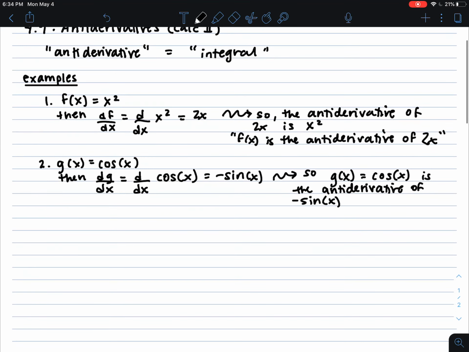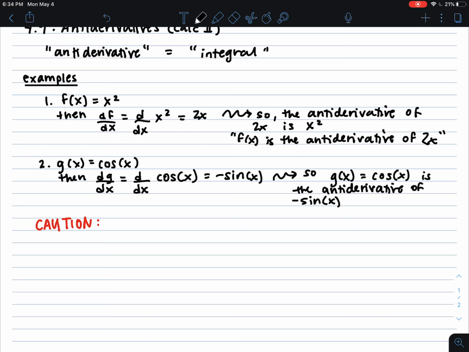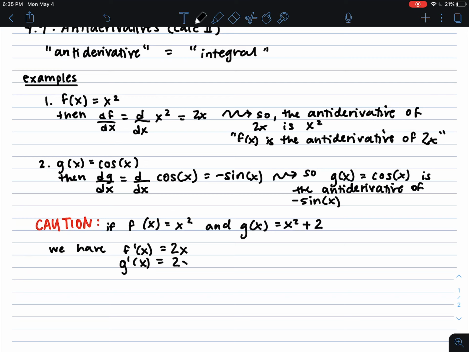Okay, but there's something I want you guys to note. If f of x is equal to x squared and g of x is equal to, say, x squared plus 2, we have f prime of x is equal to 2x and g prime of x is equal to 2x.